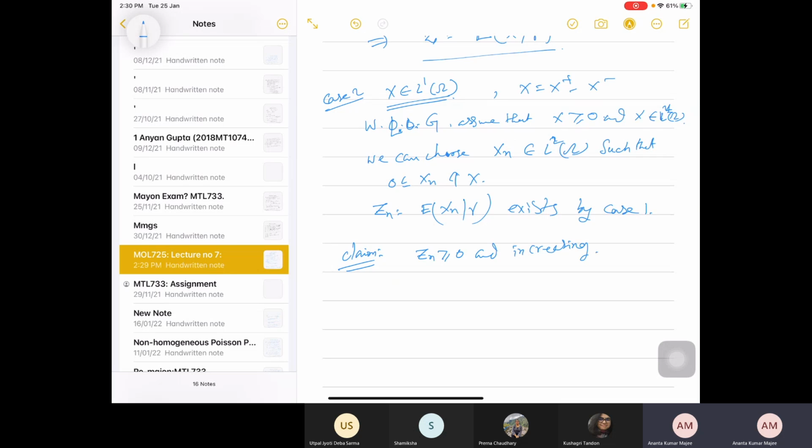My claim is that Zn, which is the conditional expectation of xn given nu, is positive. You expect that, because xn is non-negative, so Zn should also be non-negative, and since xn is increasing, Zn should also be increasing. This follows from a general fact.